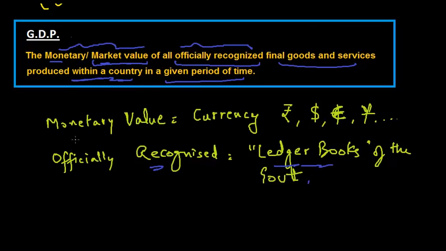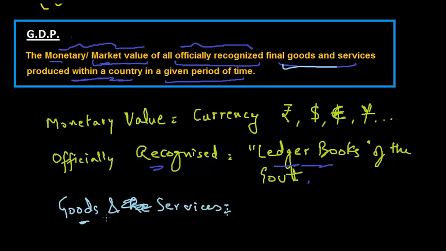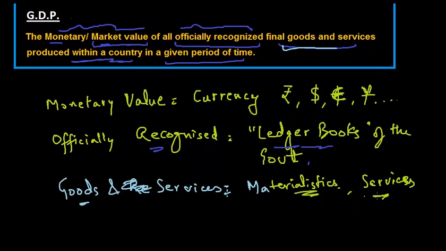The other thing we see here is goods and services. It simply means it includes all the goods, that is, all the materialistic things, and even services like government services, banking services or hotel services, as they do make money, and even materialistic things like producing iron ore or wooden furniture, anything like that.